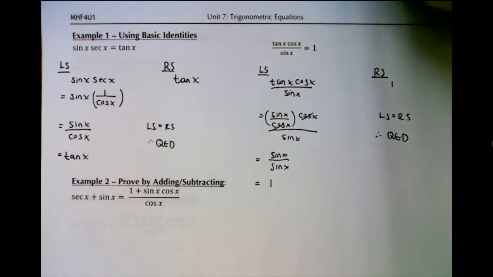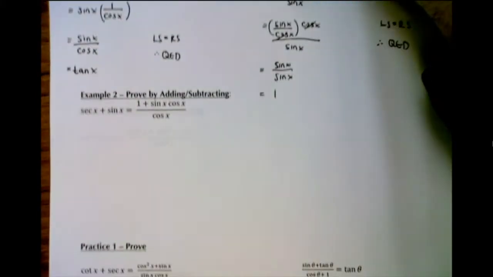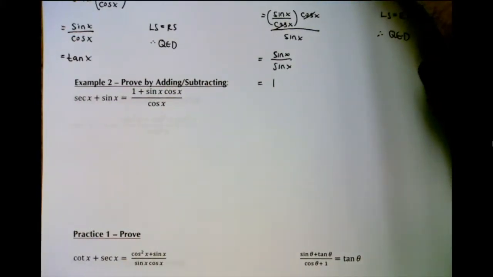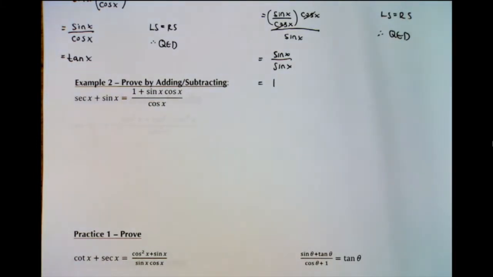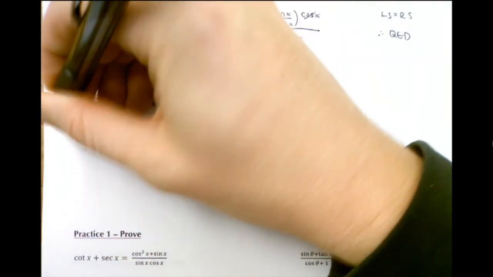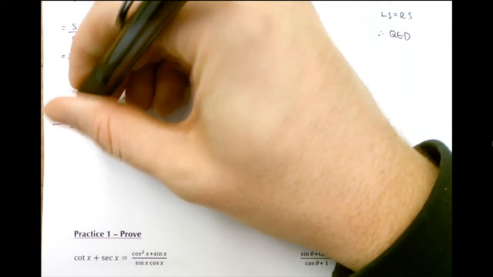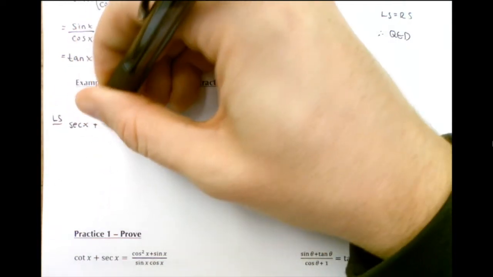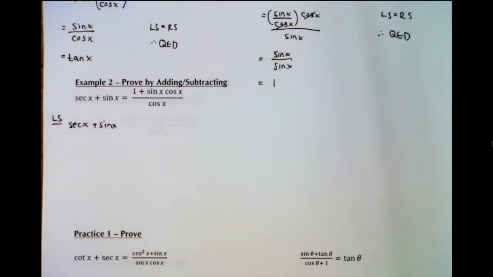Let's try one more. This says prove by adding or subtracting. We're going to manipulate the left side first. So here we go. Our left side is secant x plus sine x. Why did I pick the left side? Honestly, no reason.